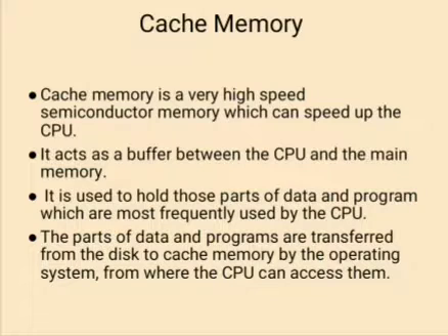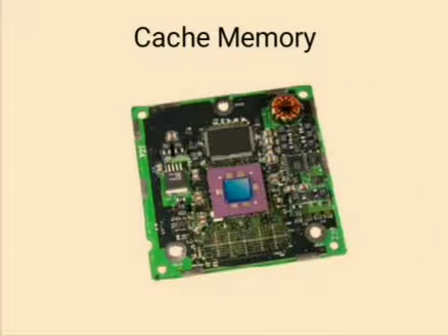It is used to hold the part of the data and programs most frequently used by the CPU. Parts of the data and programs are transferred from the disk to cache memory by the operating system, from which the CPU can access them. This is the diagram, and these chips we are viewing are the cache memory.